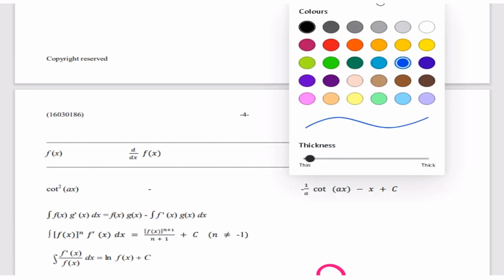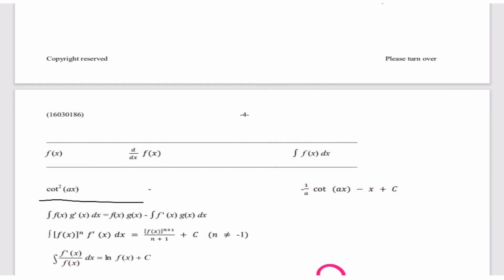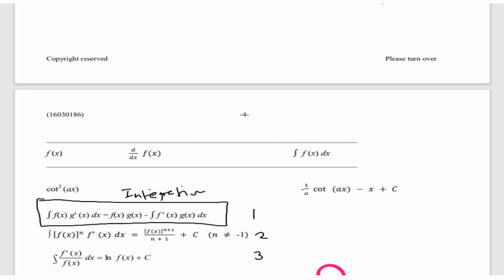In N6 it's the first one also, but they didn't write integration there because almost everything is integration here. So you see I have the integral of f of x g prime x dx equals that thing. In N5 you also have the same formula, in the same order, just that they wrote integration at the top. It's the same thing.